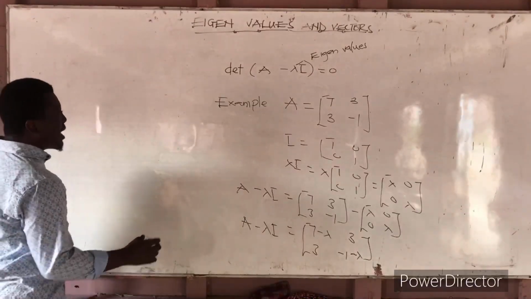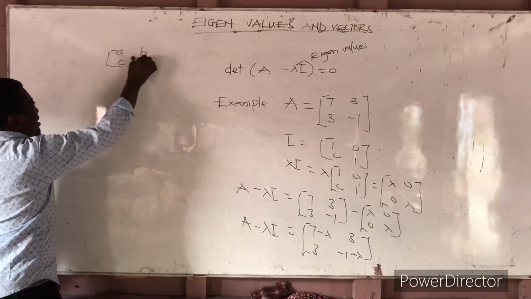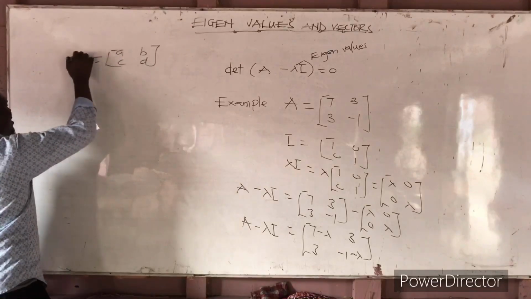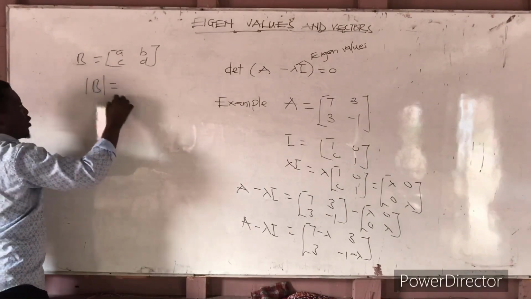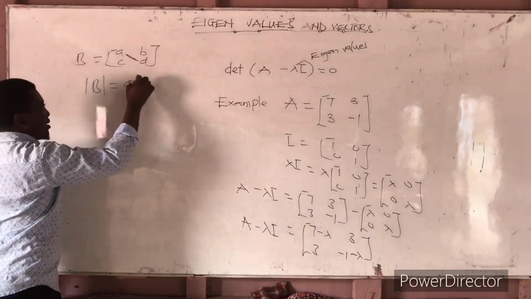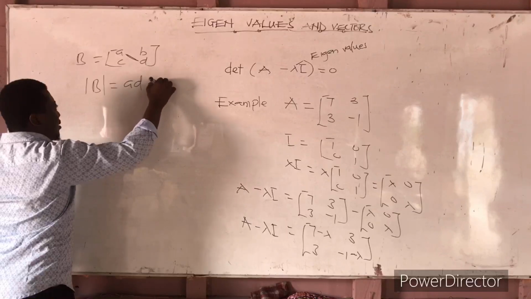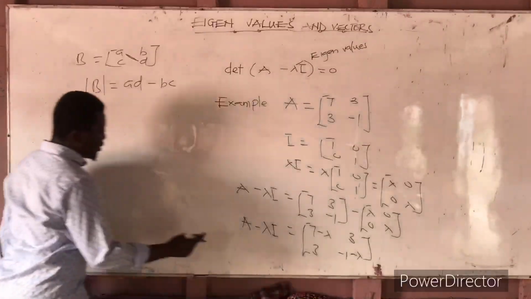In finding the determinant of a matrix with entries a, b, c, d, the determinant is just multiplying the diagonals like this: you get ad minus bc. That's how to find the determinant. So that is what we are going to do here.